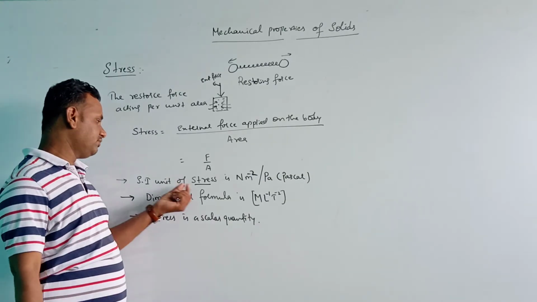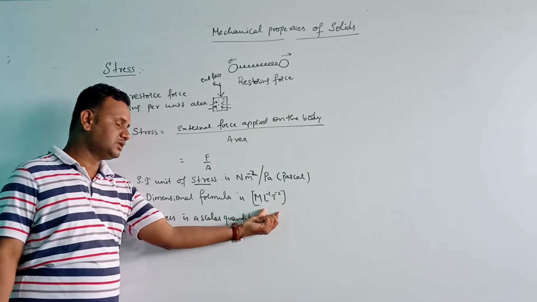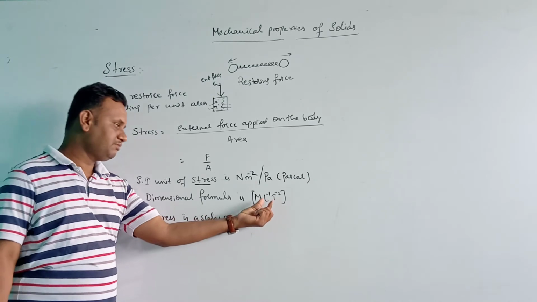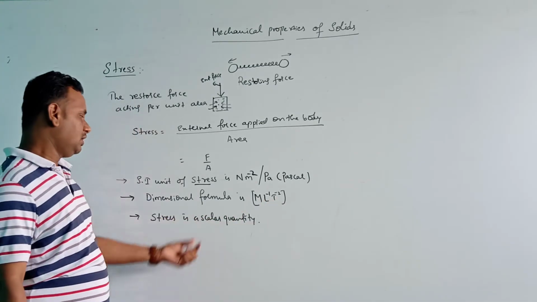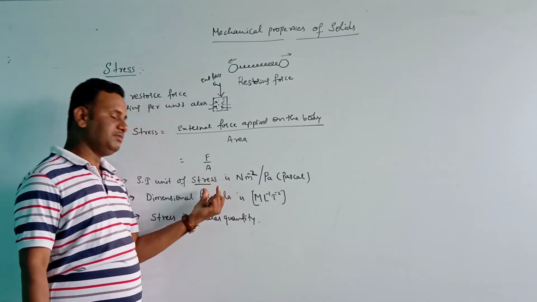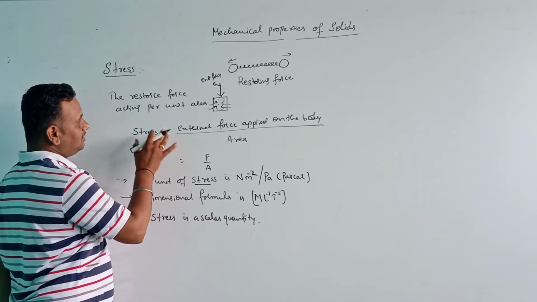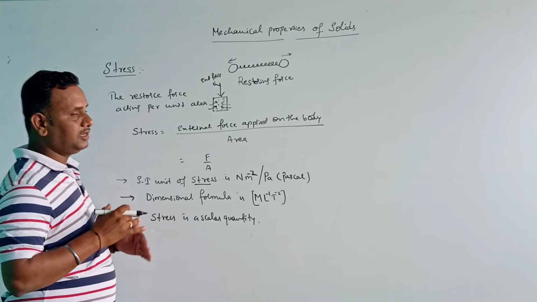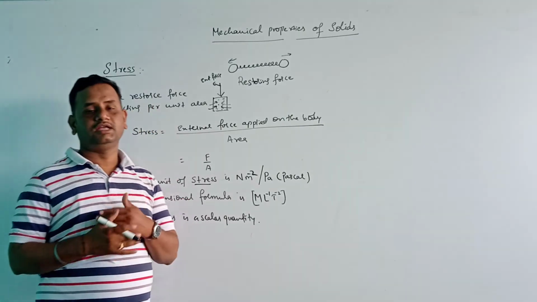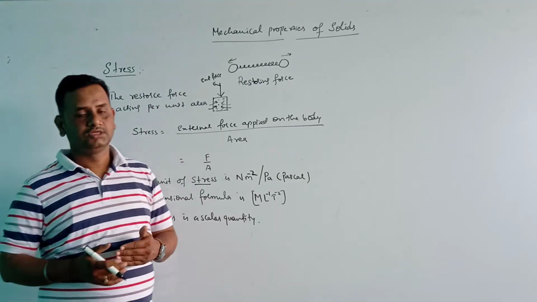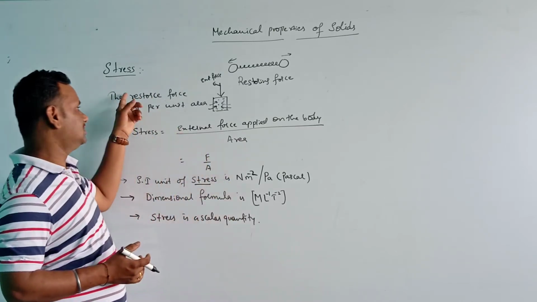Because they have the same units, their dimensional formula is also the same. Pressure's dimensional formula and stress's dimensional formula are the same. So this is all about stress. The restoring force acting per unit area of the body is called stress.